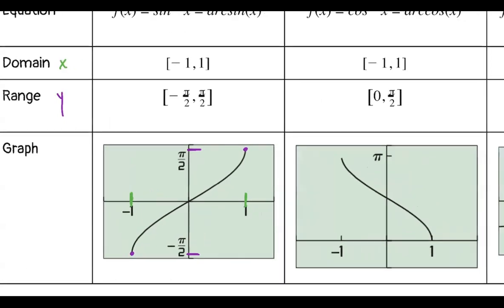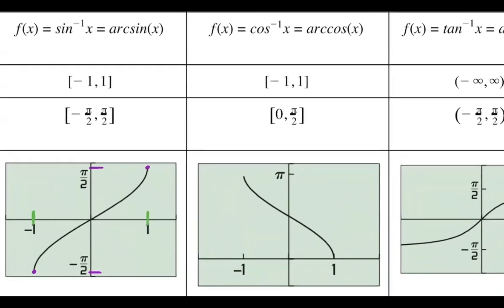Okay. But let's see about inverse cosine or arc cosine. The domain here is -1 to 1. And when we look at our graph, we start at -1 and we end at +1. Okay. But the range or the y values is a little bit different, right? And in fact, I have a typo here that I'd like to correct.